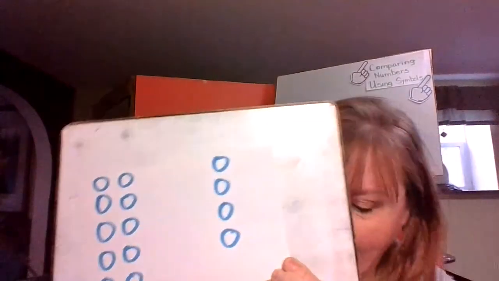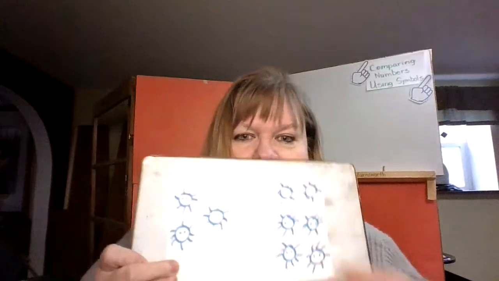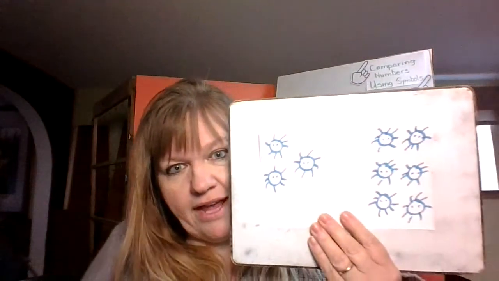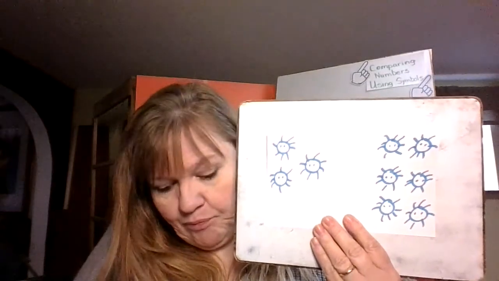But okay, now we're going to try it with a picture of spiders. Okay, let's take a look at these now. Equal sign? No. Clearly they're not equal. There's more on one side than the other.